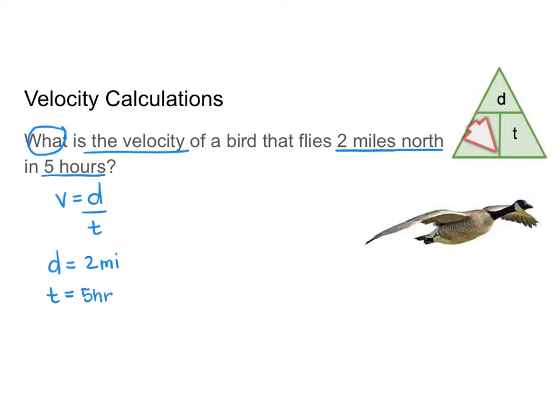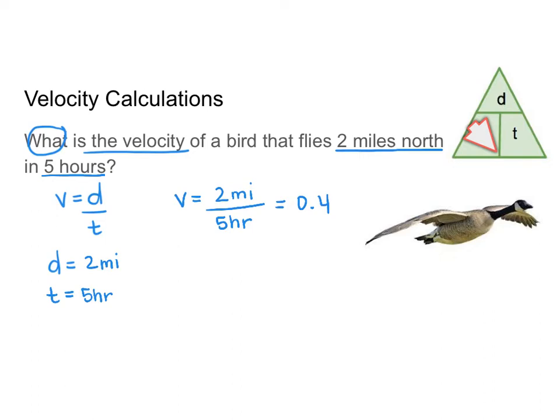So once I have my rearranged equation, I've defined my variables. Now I'm ready to plug it into my equation. So velocity equals my distance, which is 2 miles, over my time, 5 hours. And in math, in science, we always use decimals. So I'm going to take 2 divided by 5 on my calculator, and I get 0.4. Now I need units.